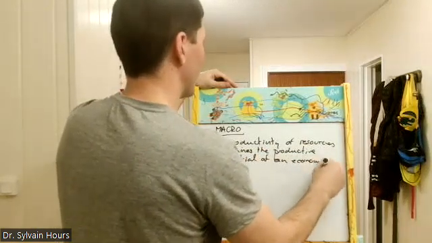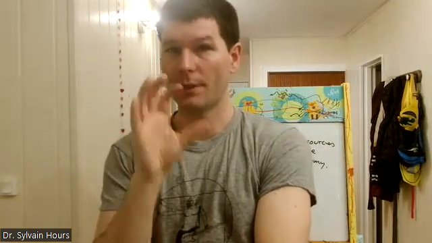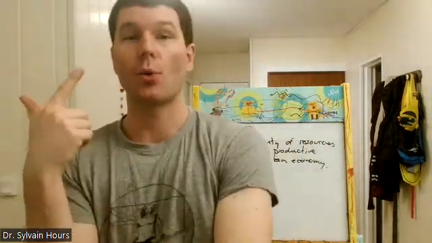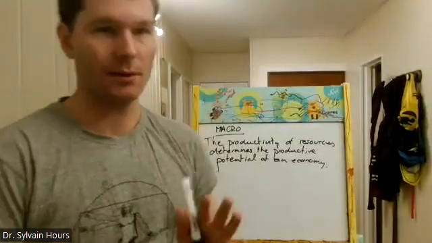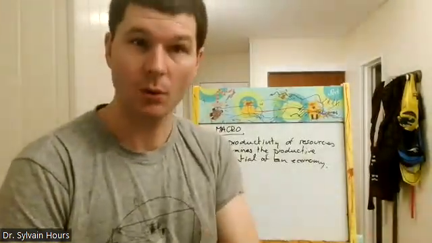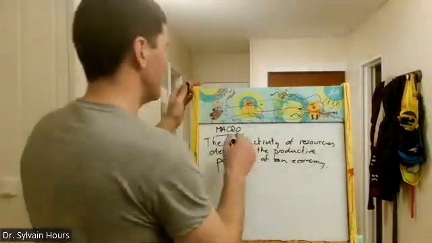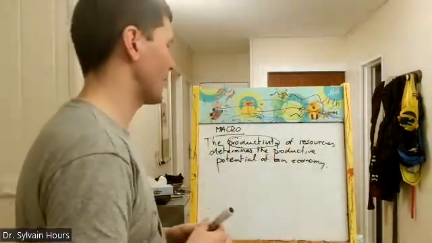Of course, it's not the only thing that determines the productive potential, but there are two things that determine how much an economy can produce: how many resources we have, so the quantity, and the quality or productivity of resources. So productivity is not the only factor, but quantity and quality are the two things that determine how much an economy can produce. And productivity is what measures the quality of the resources that we have.